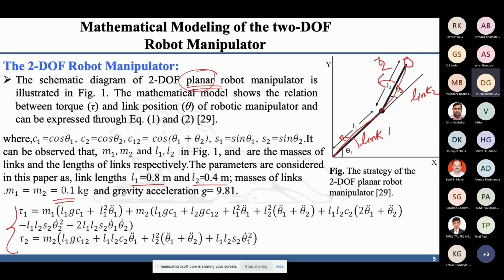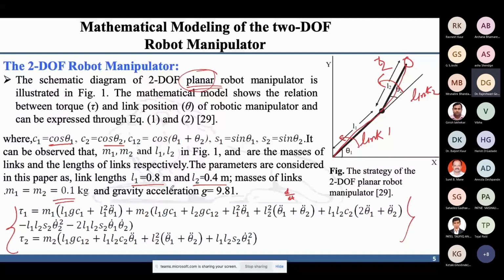Here you can see that theta 1 dot and theta 1 double dot stand for the derivatives, right? Theta 1 dot is the first derivative, theta 1 double dot is the second derivative, okay? And here C1 stands for cos theta 1, C2 stands for cos theta 2, and S1 stands for sin theta 1, likewise, right?